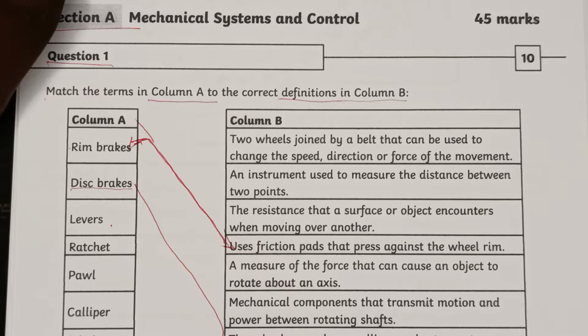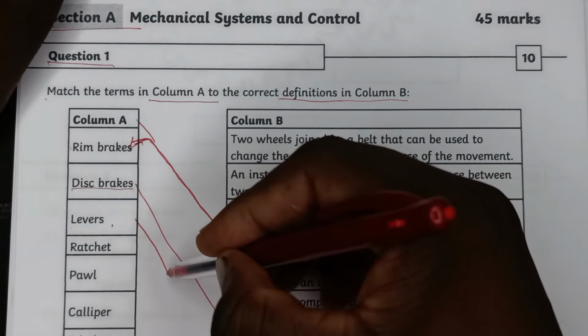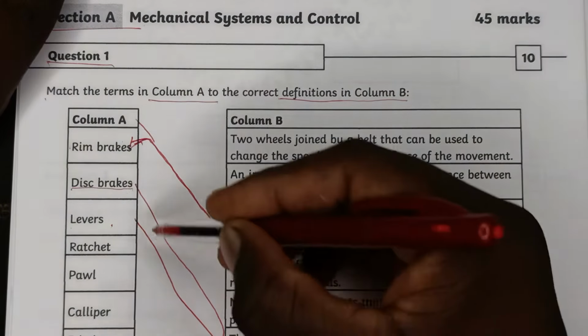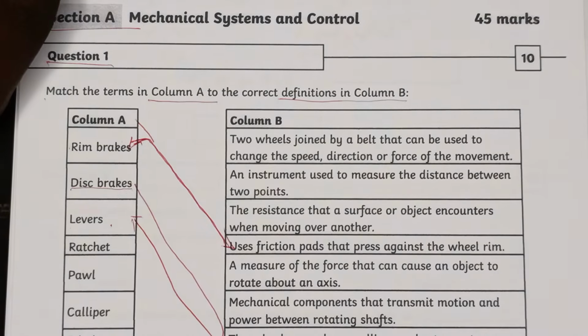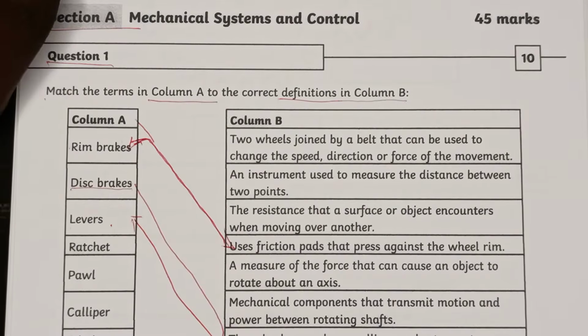No. A type of mechanism that makes it easier to lift an object, and the answer is yes. So this one comes to this. It's the type of mechanism that makes it easier to lift an object.